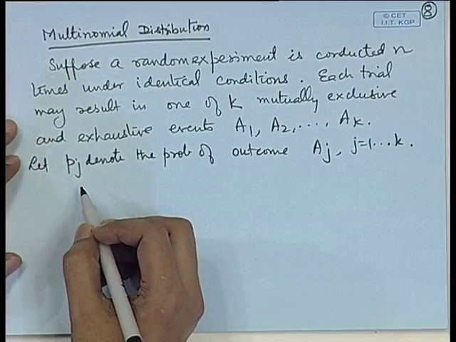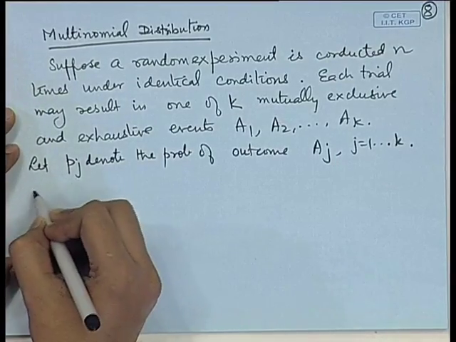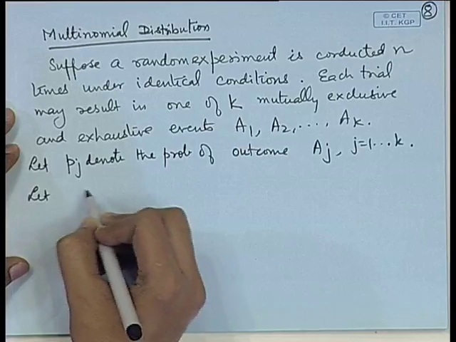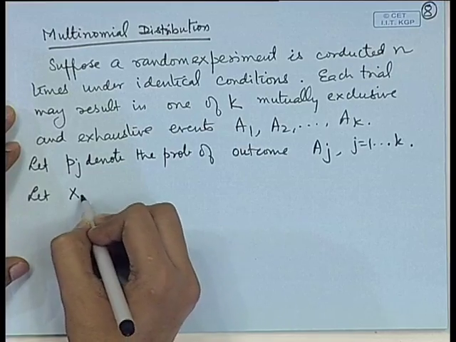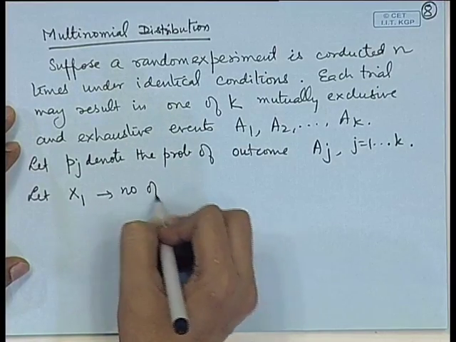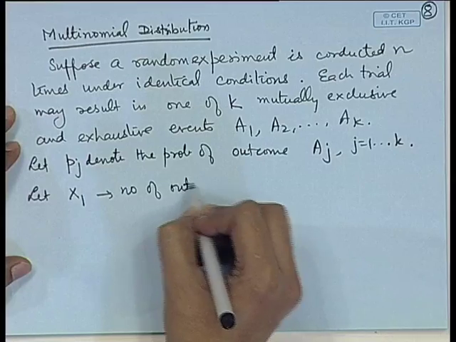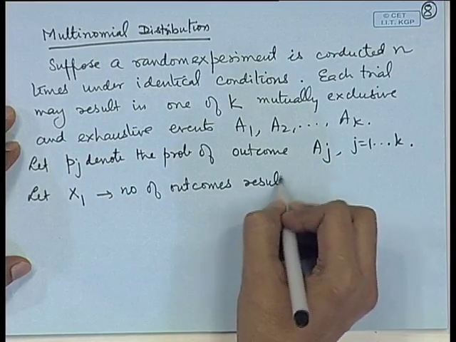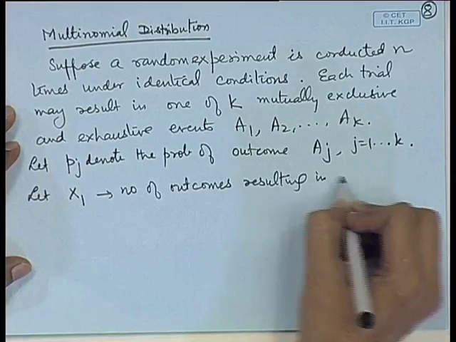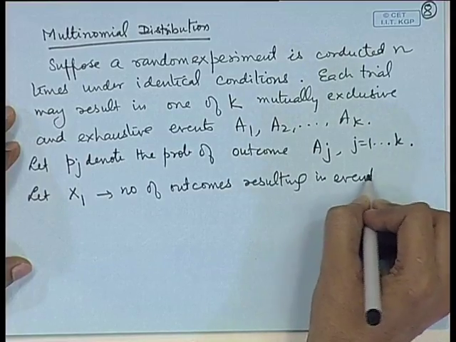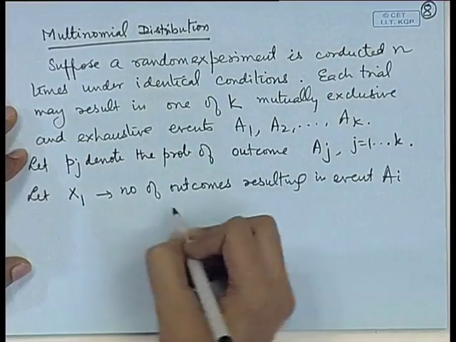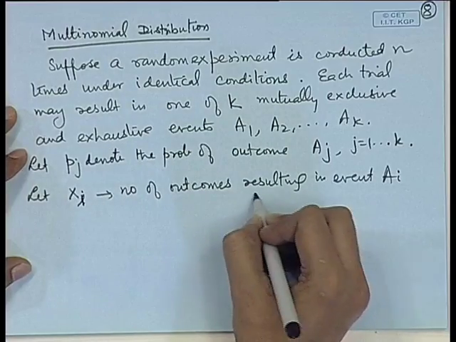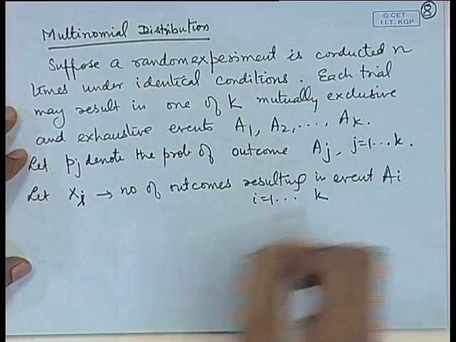So, let us consider x i, the number of outcomes resulting in event A i, for i is equal to 1 to k.